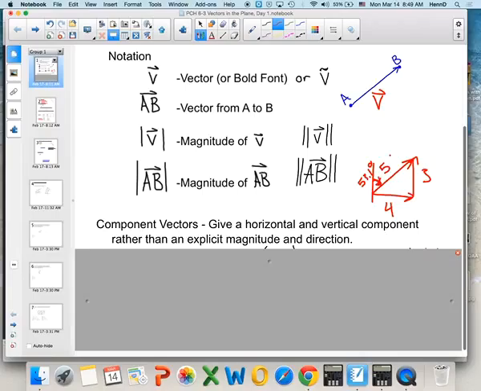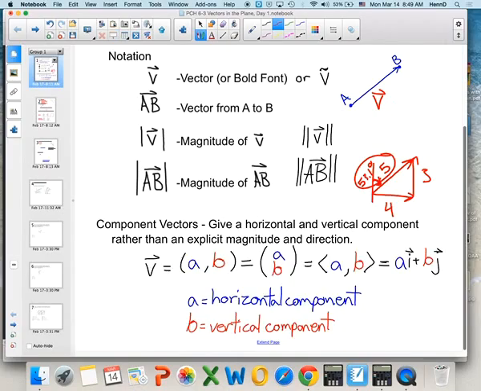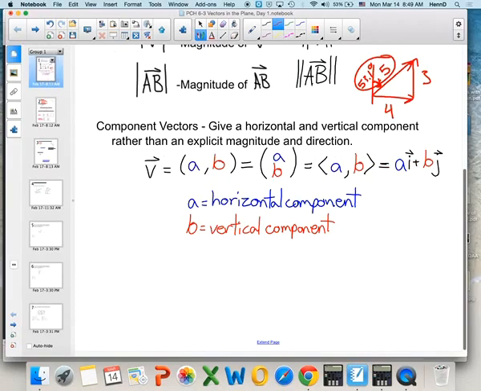So this would be giving it as an explicit magnitude and direction. If I said 4 over and 3 up, that would be giving it as a component vector. And there's a couple of different ways that we could denote this. And really, all of these are used often, so you should be familiar with all of them.